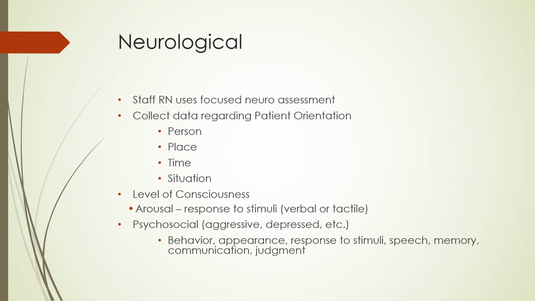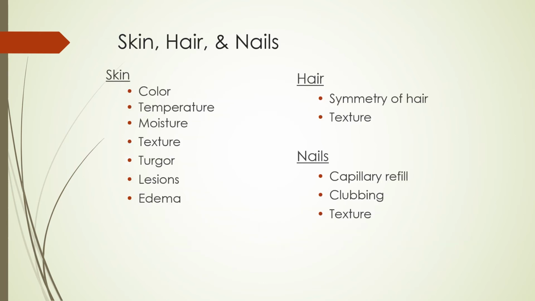Clear speech. Hair, skin, and nails. Not going to go through those. You will see those in the demonstration, but that's what you are assessing for the skin, hair, and nails. Okay. The color, again, the temperature. Palpate the skin, is the temperature cool to touch? Is it wet? Any swelling or edema noted to the skin?